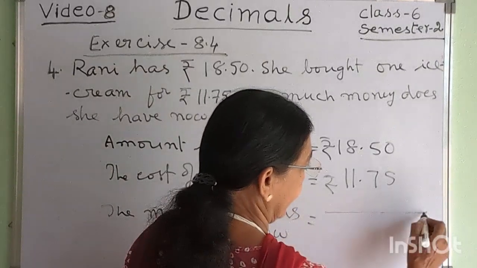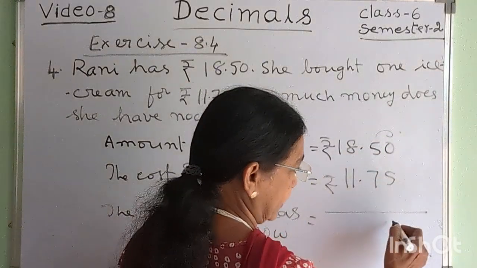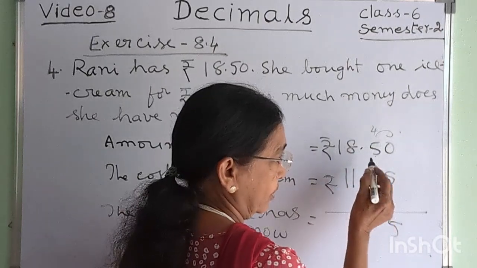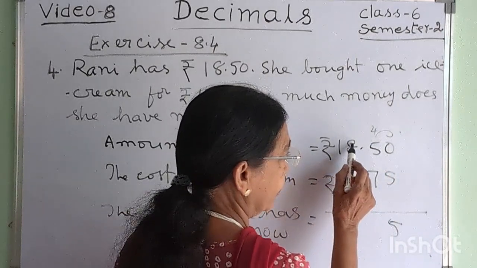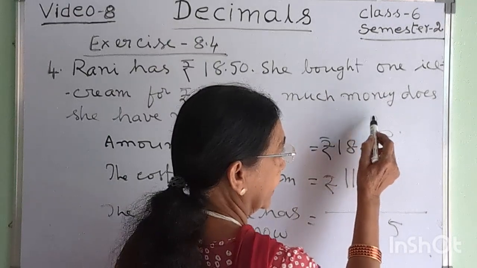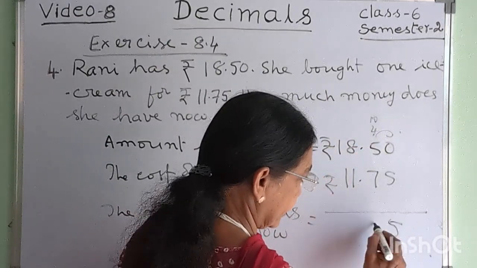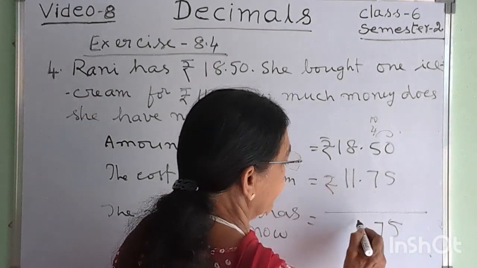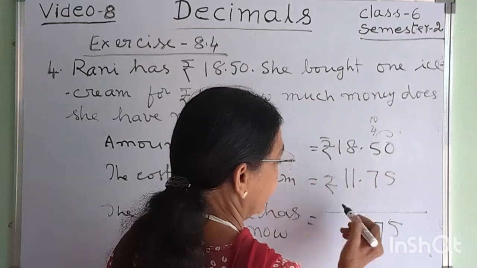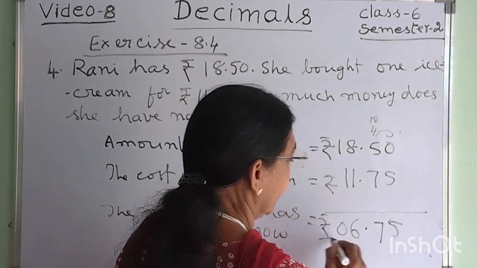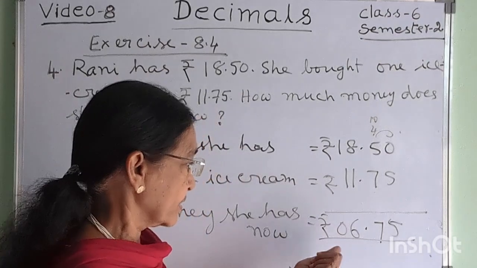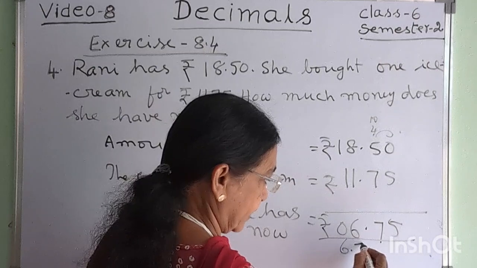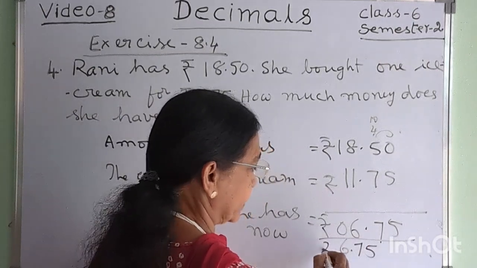Subtracting, we get 10 minus 5, here 4 remains. 4 minus 7 we can't do, therefore bringing 1 here, it becomes 10 plus 4, 14 minus 7, here 7 remains. 7 minus 1, 6. 1 minus 1, 0. Therefore the amount left with her is rupees 6.75. This 0 has no value, therefore it is 6.75 rupees.